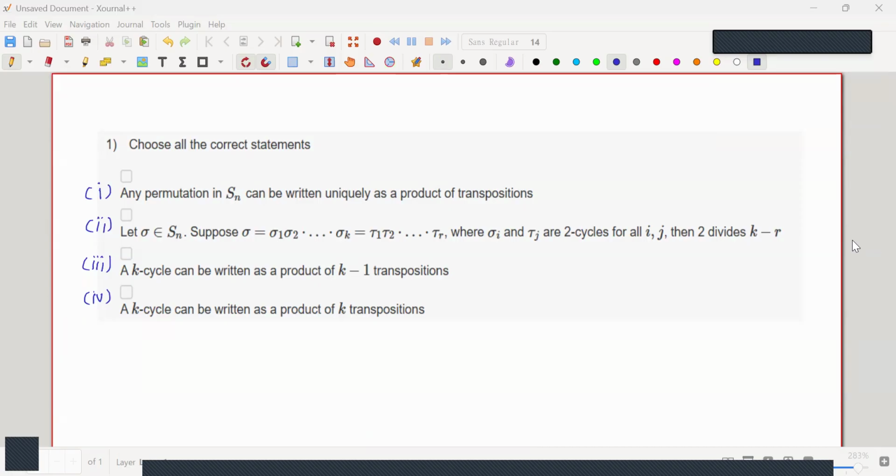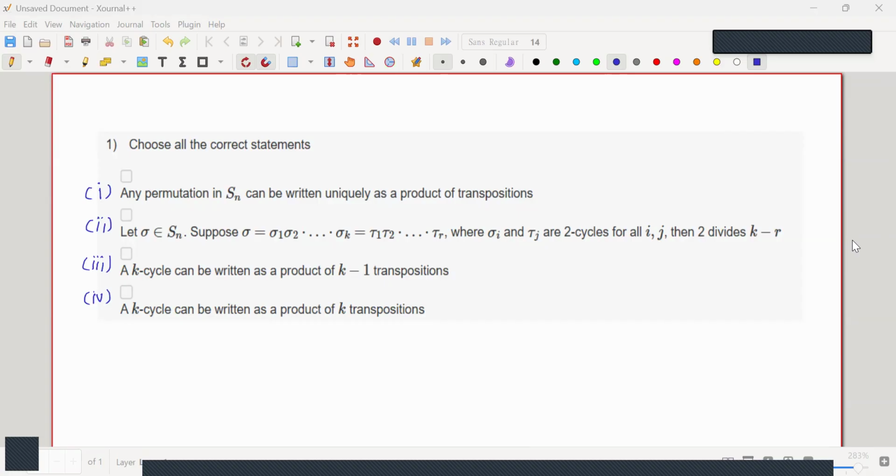So group action is basically that you have a set, and a group is acting on it, which means it's somehow, in some sense, permuting the elements of that set.